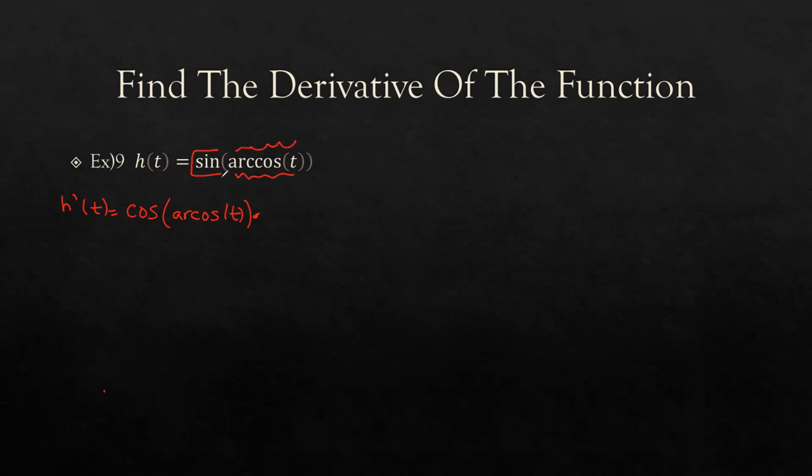So what is the derivative of arc cosine? The derivative of arc cosine is negative t prime over square root of 1 minus t squared, or x squared, it's the same thing.